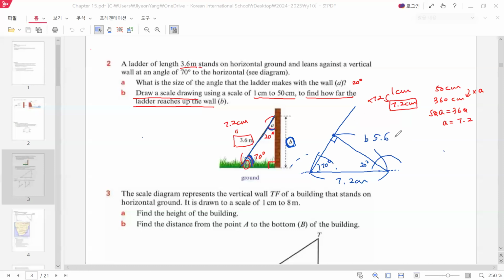But you need to measure it using your ruler, understand? 5.6 centimeters. Then you need to find the real distance from the ground to this point, the length of B. The scale drawing is 1 centimeter to 50 centimeters, so 5.6 centimeters is actually 50 times 5.6, which is 280 centimeters. So in meters, it's 2.8 meters. That is the answer.